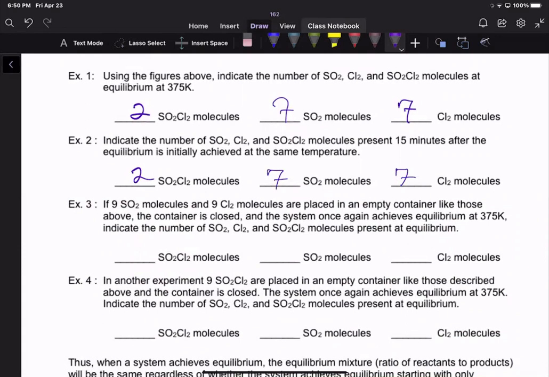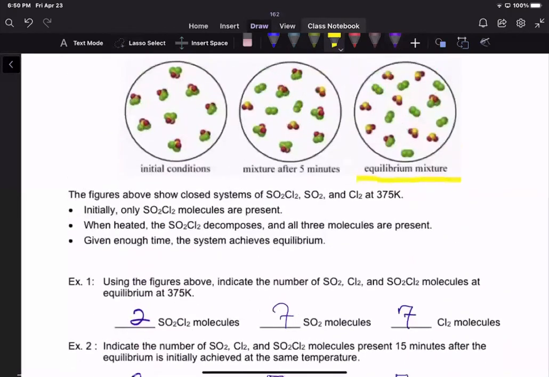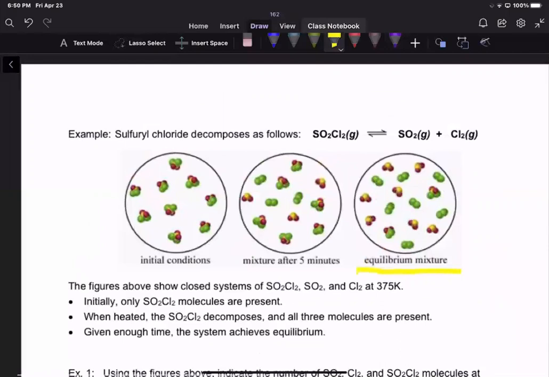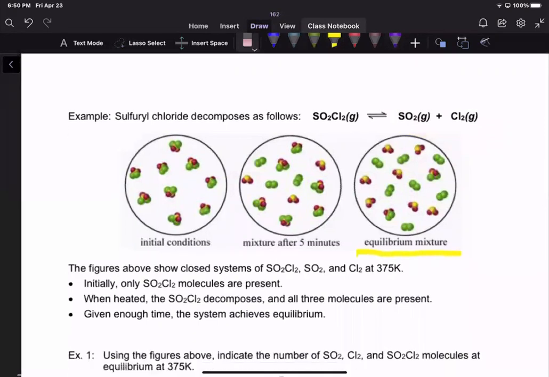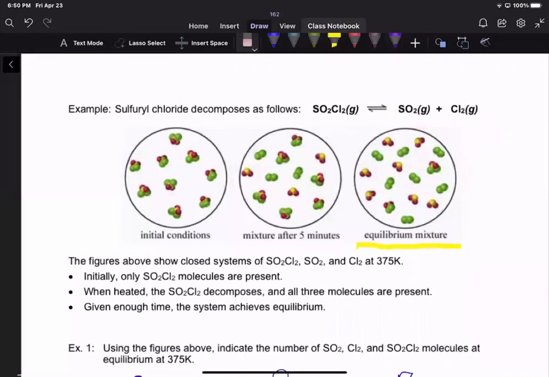Now, what if we started with 9 SO2 and 9 Cl2? So in this case, we're starting with all products and 0 reactants. So it's still going to reach an equilibrium. It's just going to react backwards to do that.